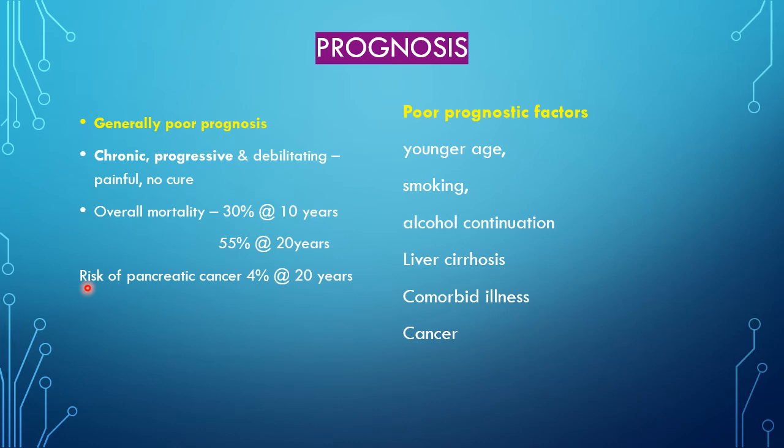So the longer the condition, the higher the risk of pancreatic cancer. Poor prognostic factors in chronic pancreatitis include younger age, smoking, continuous alcohol consumption, liver cirrhosis, comorbid illness such as heart or other medical illness, and cancer.